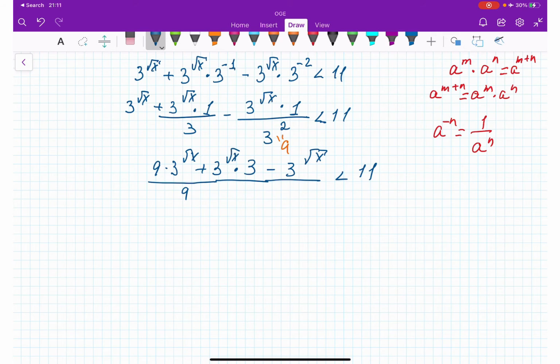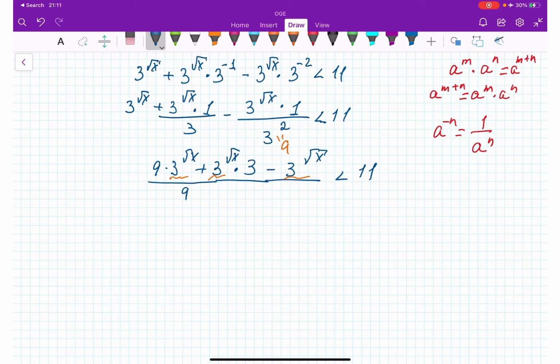Okay, so do we have the same base? Look here. 3 to the power square root x, 3 to the power square root x, 3 to the power square root x. Which means, can I say that those are all like terms.